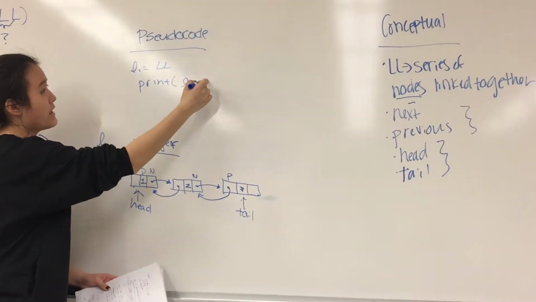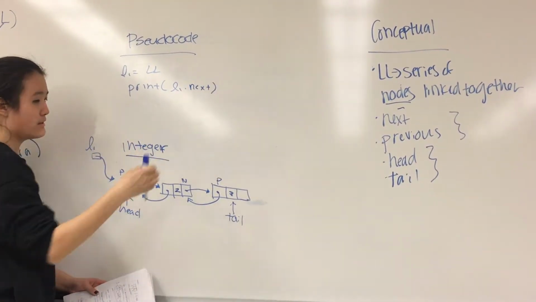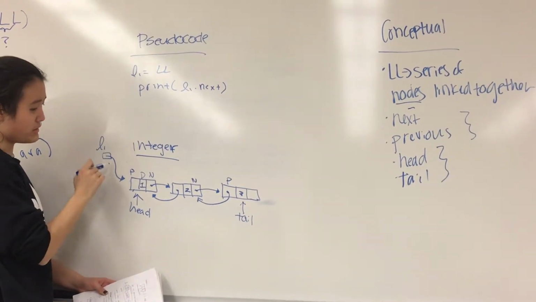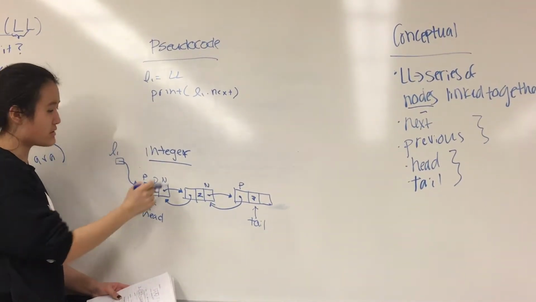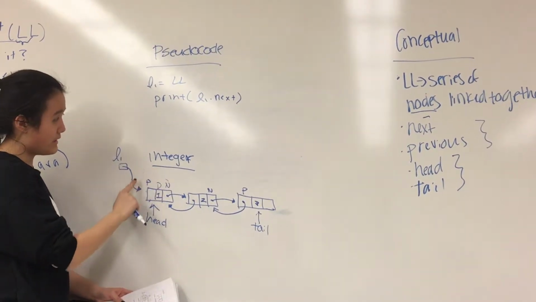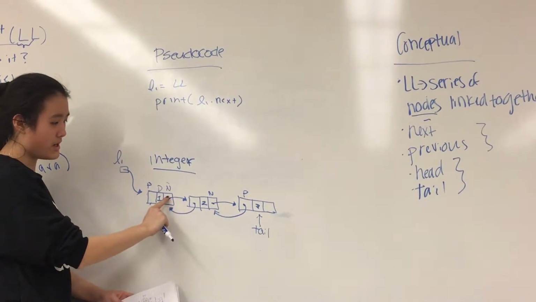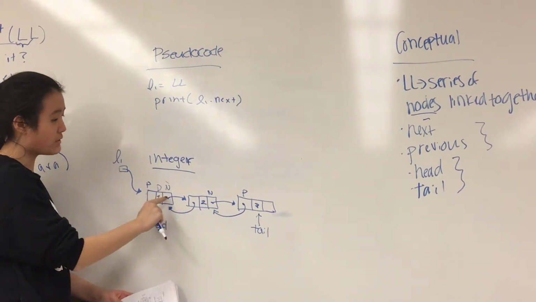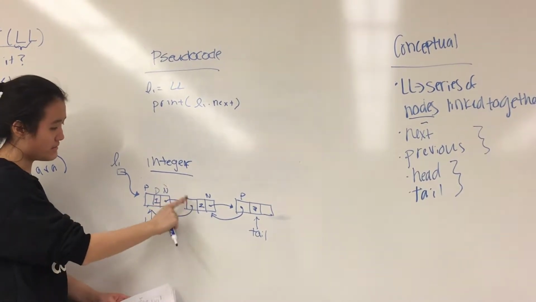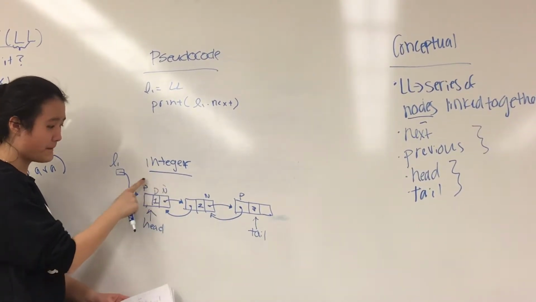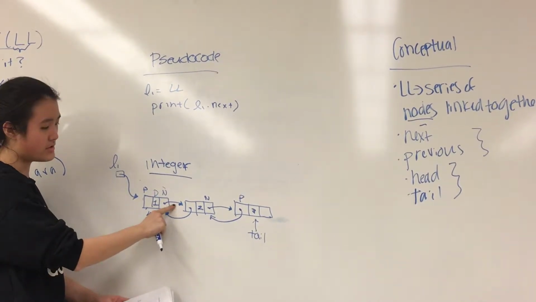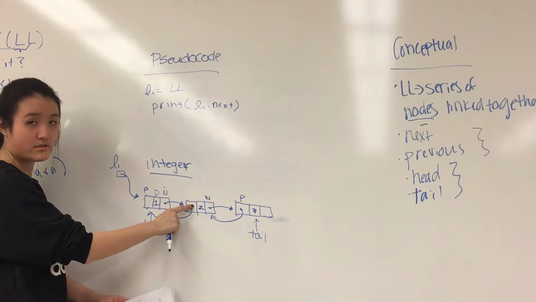So if I wanted to print list1 dot next, as we said, L1 is always going to be pointing to the head of the list, so it's going to be pointing to this first one. So with L1 dot next, when I say dot, I'm going to go to this arrow, dot next.